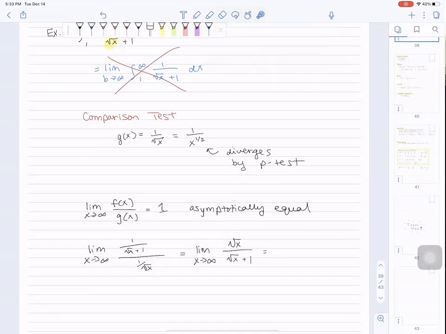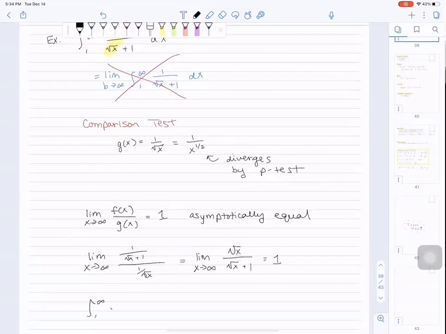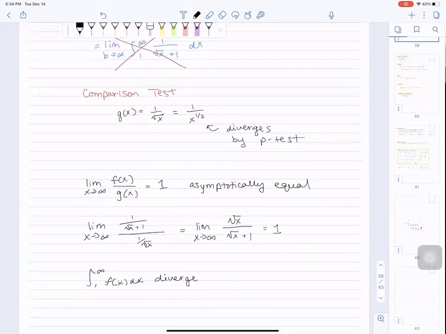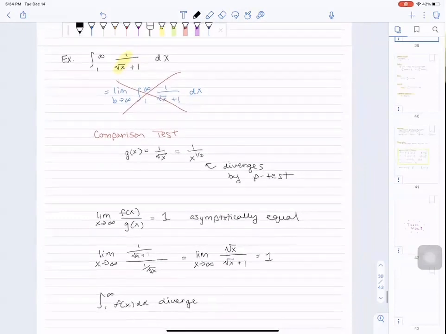There's only a 1 and a 1. So this does equal 1. They are asymptotically equal. So our complicated thing, f of x, does also diverge because they're asymptotically equal. So yes, there are cases where you can use this asymptotically equal, like the orders of growth thing, which is why we learned it at the very beginning also. Any questions on this problem?